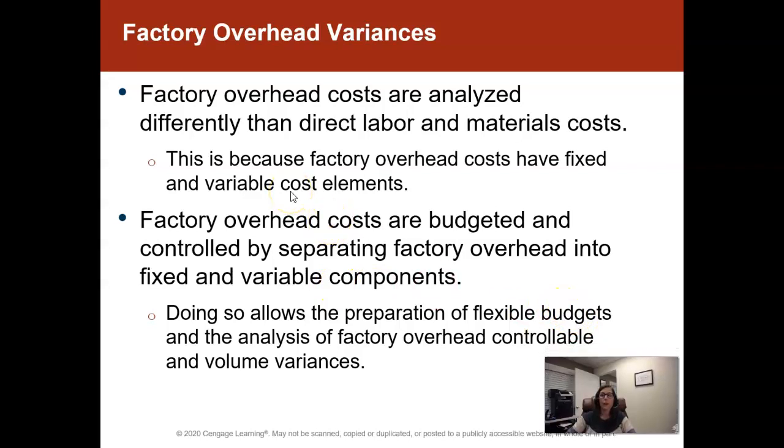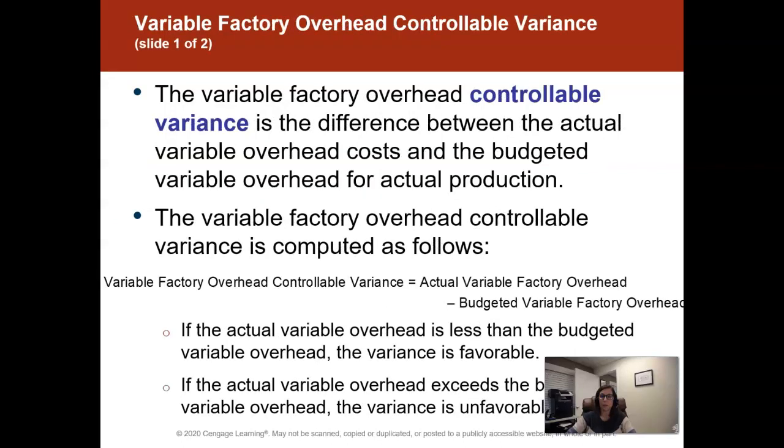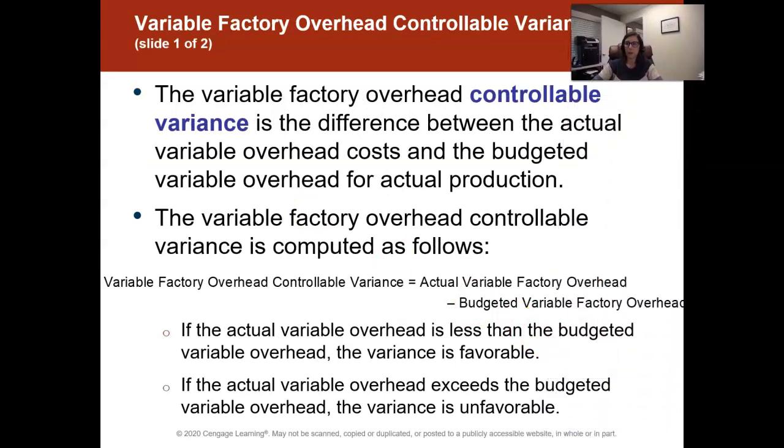We now have factory overhead variances, and depending on whether we have a variance, it may or may not be controllable in terms of the end result, because folks may be doing the best they can to control costs, but there may be things that happen beyond their reach that they can't affect.